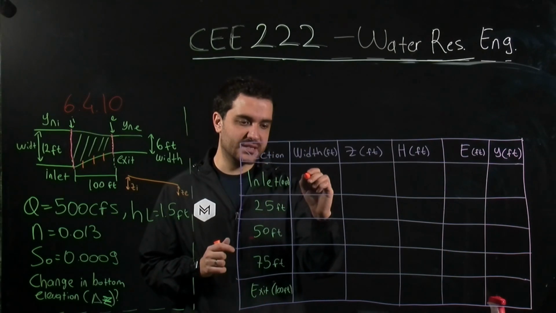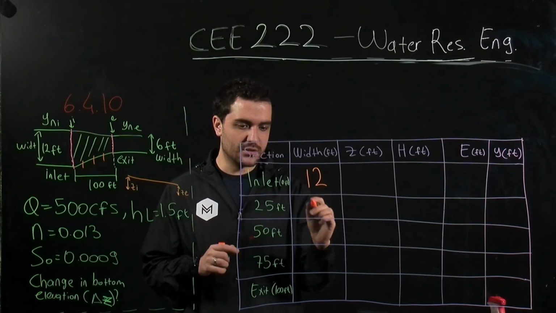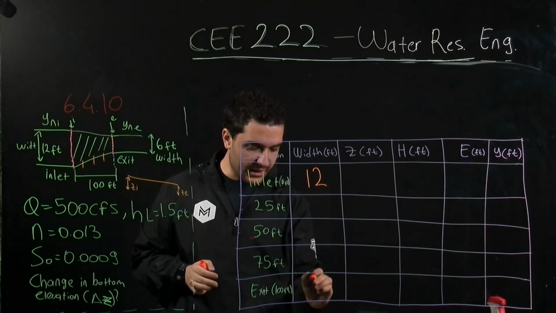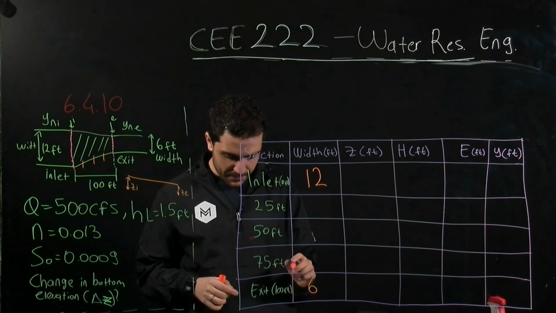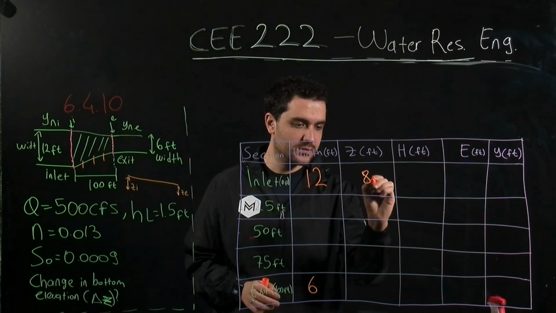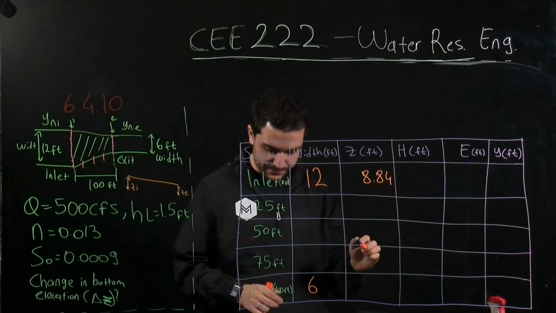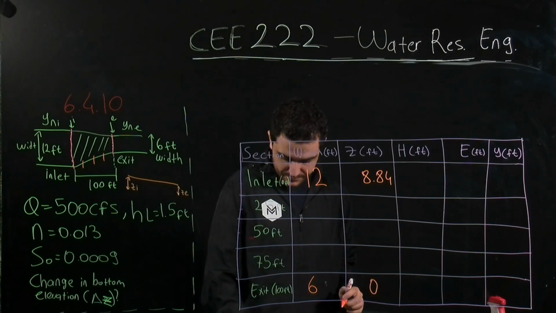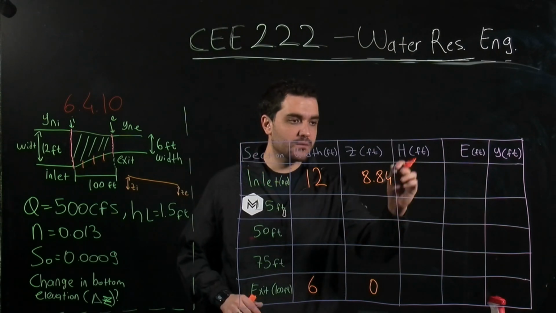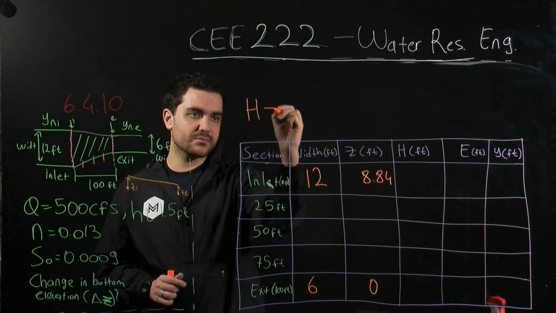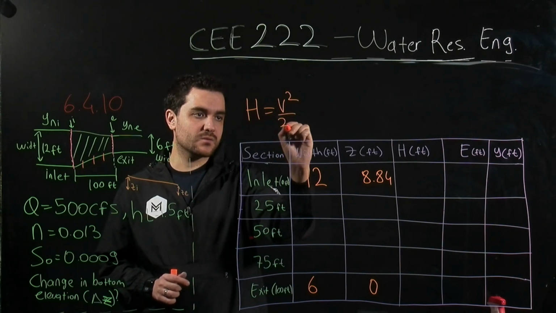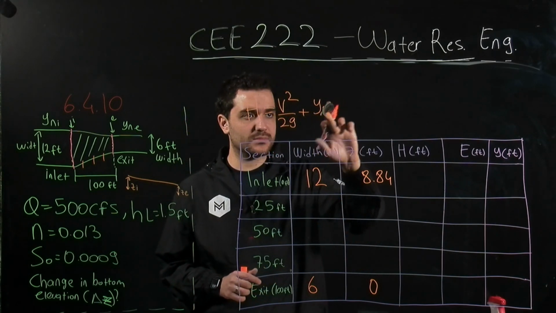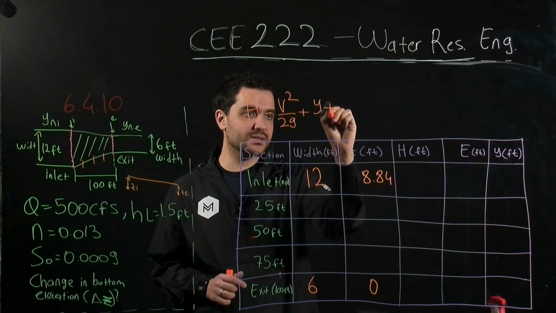Let's get started with what we know. This was already given in the question, which is the width of the inlet channel, and for the exit it was 6. We calculated the bottom elevation as 8.84, and since we took the exit as reference, it was 0. Now we are going to calculate the total energy, which is the velocity head plus the water depth plus the bottom elevation.